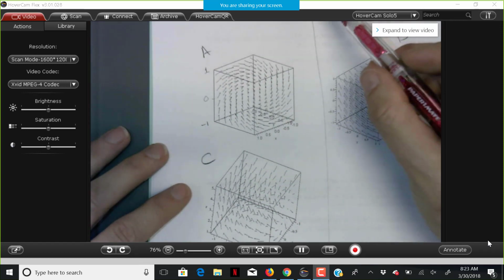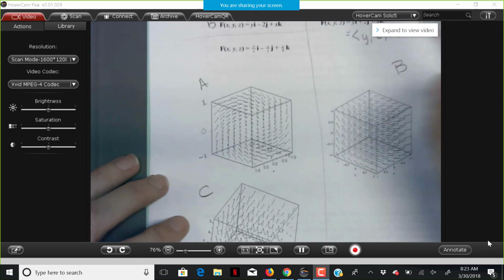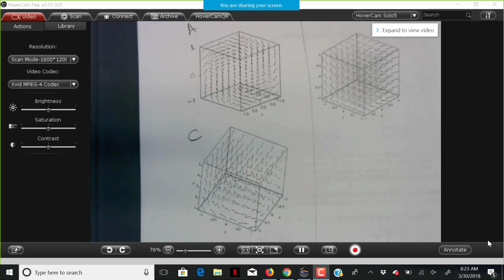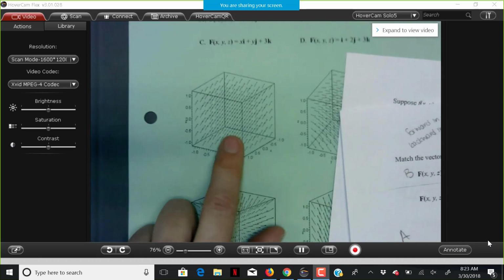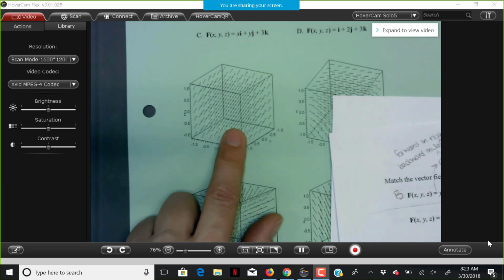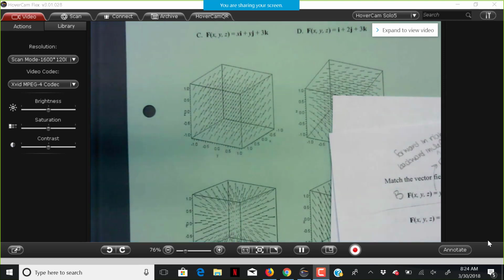A lot of times the easiest thing to see from the picture is whether they're pointing up or down. I'll show you an example where sometimes you think front and back should be easy, but I'll bring up Maple and show you one that's actually on the group work. So look at this graph right here. Does it look like those vectors are pointing forward or backward?